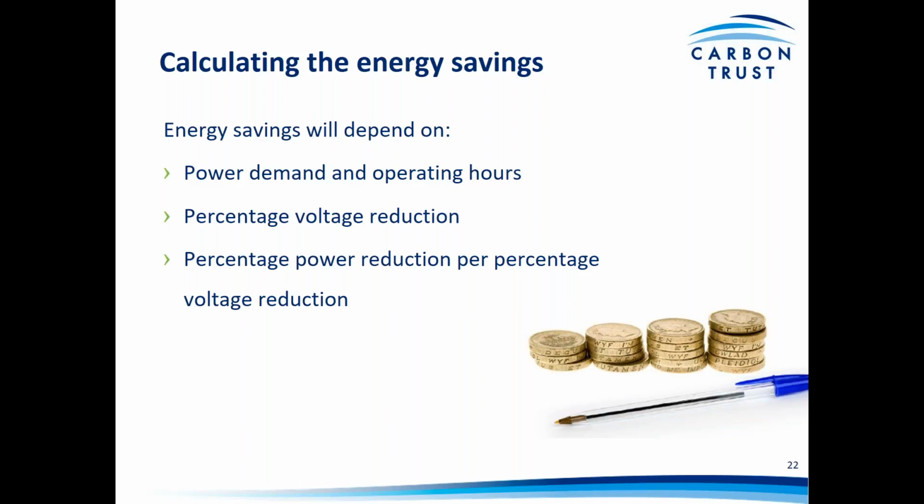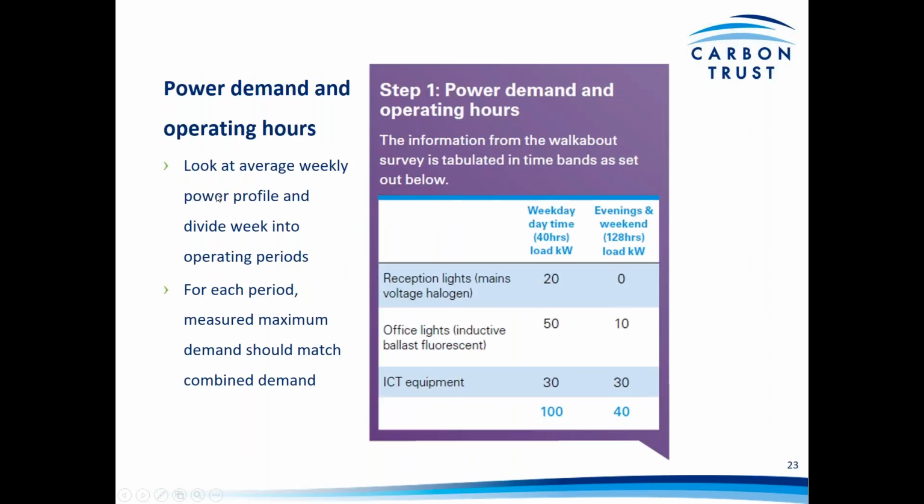To explain that further, over the next couple of slides we will look at a fictitious case study example, which will hopefully help to explain the calculation methodology a bit further.